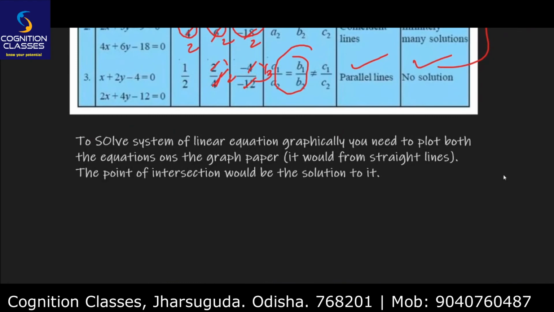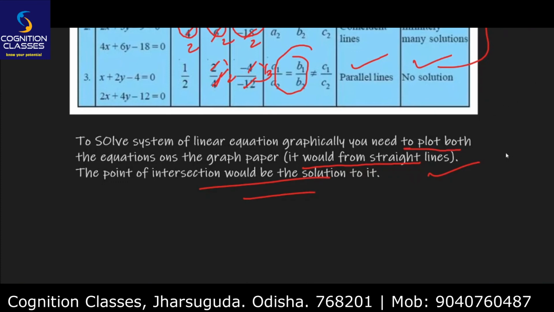I'm repeating it again, you just need to plot both the equations on the graph paper, and it will always form a straight line. If you are not getting a straight line, then you must check your plotting. You have made some kind of mistake, because any given linear equation in two variables always forms a straight line, and their point of intersection is the solution to the given pair of linear equations.